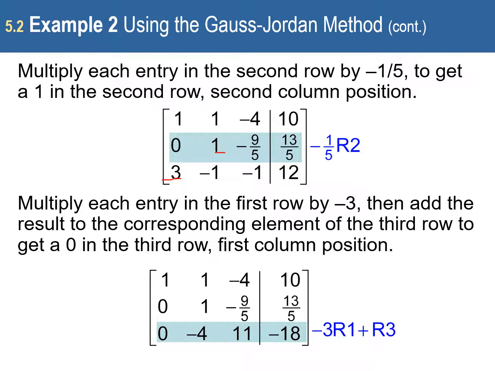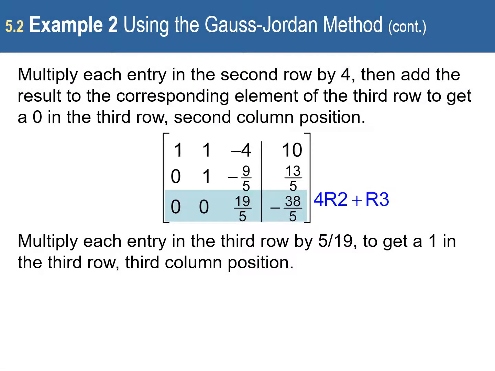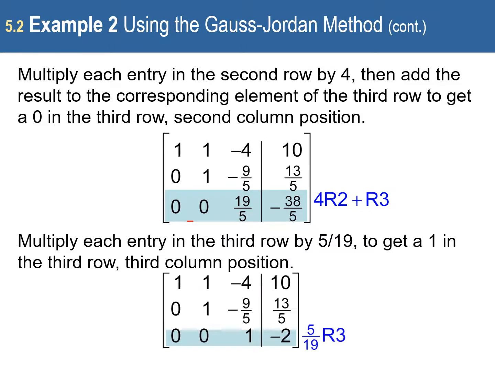So -3R1 plus R3, I put it in the third row. Now I want to multiply each entry in the second row by 4 and add it to the third row to get a 0 in the second column, third row. And now I need to get this to be a 1, so I need to multiply the third row by 5/9.